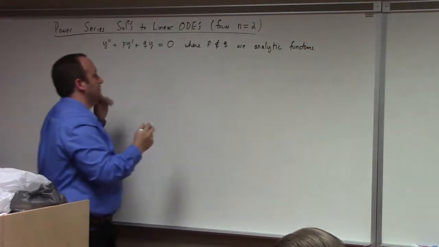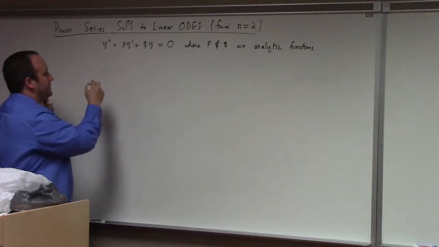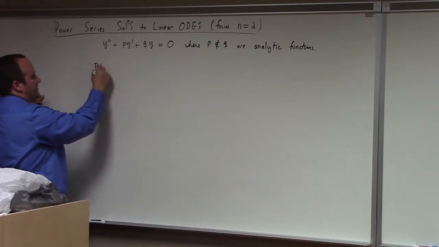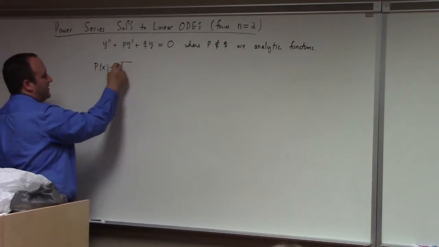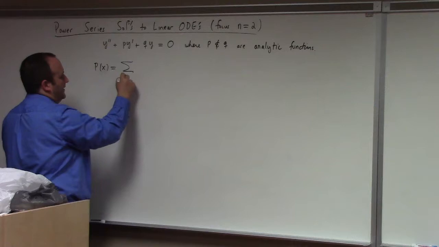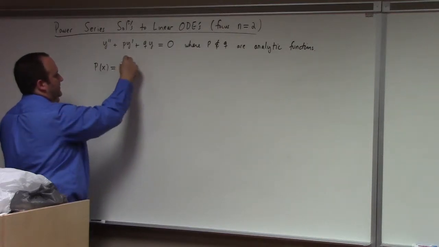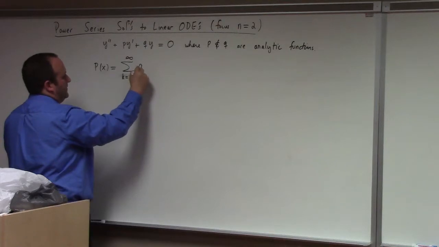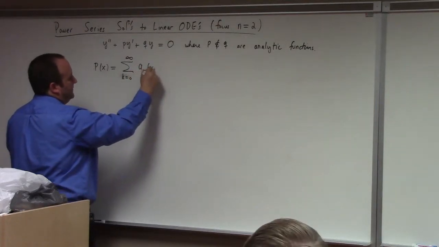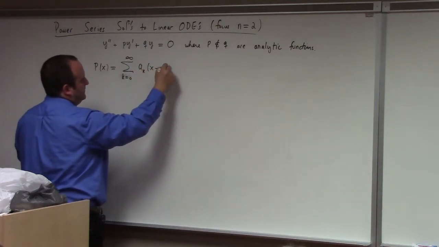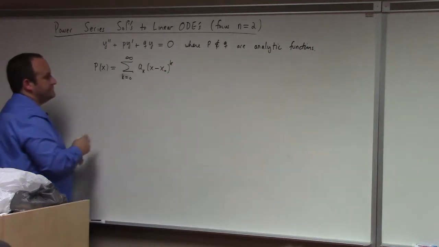Now, what does analytic mean? Basically, it means something like this. P(x) can be written as a sum, k equals 0 to infinity, of a_k (x - x_0)^k.